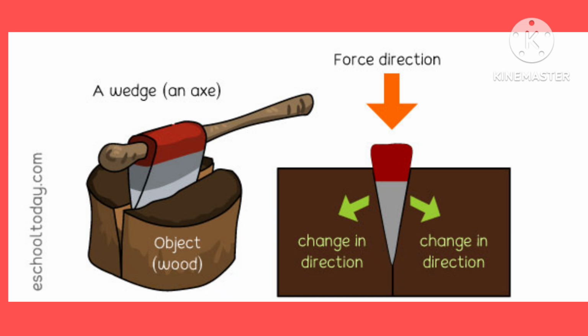One example of a wedge is an axe, which is used to cut wood into two pieces by applying force on the blunt edge. Other examples of wedges are fork, needle, knife, etc., where you can see a sharp edge and a blunt edge, and the sharp edge is used for cutting or splitting the object.